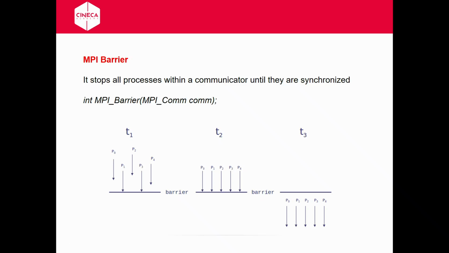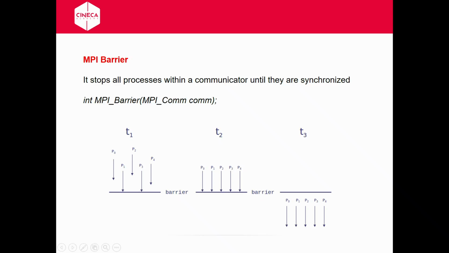But in any case, the MPI barrier command stops all processes within the communicator that we use, for example MPI_COMM_WORLD, until all the tasks are synchronized.